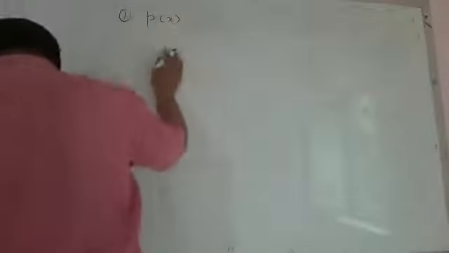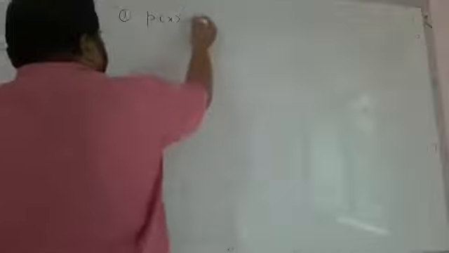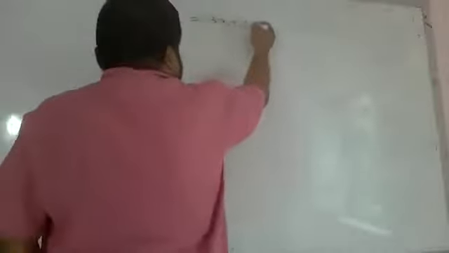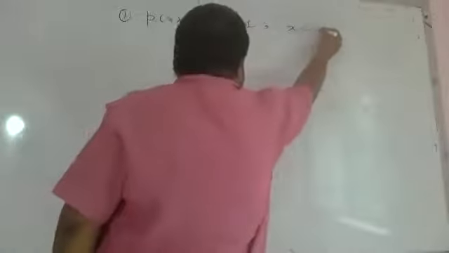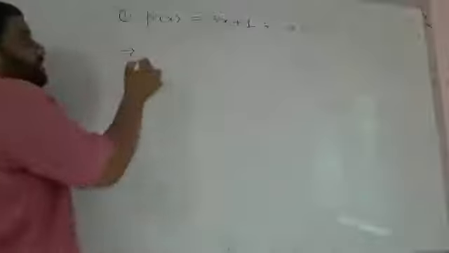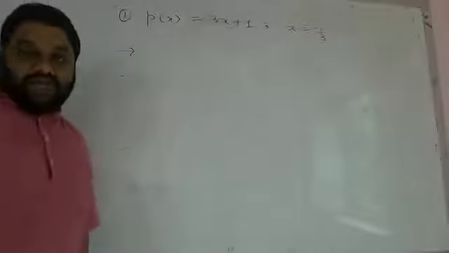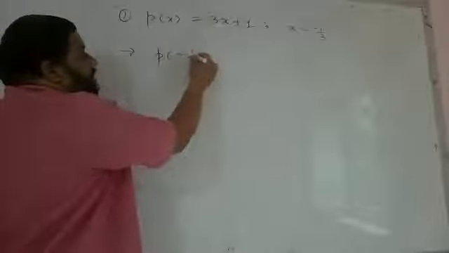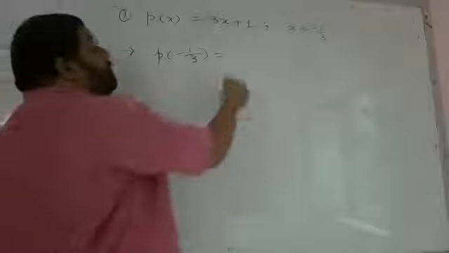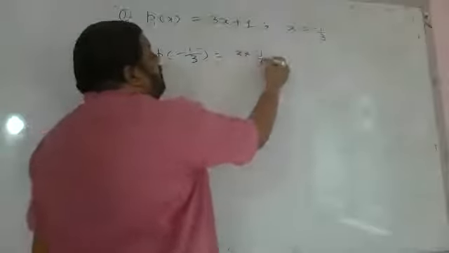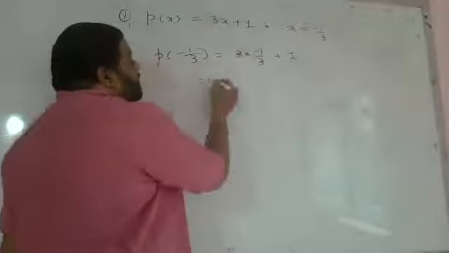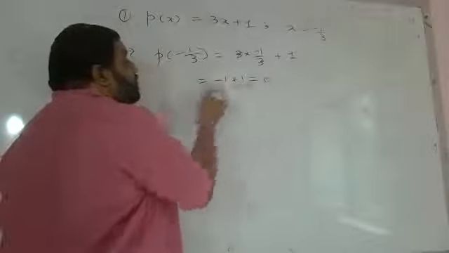The first one: p of x is given as 3x plus 1 and x is given as minus 1 by 3. What you need to check is whether p of minus 1 by 3 is 0 or not. So p of minus 1 by 3 is equal to 3 into minus 1 by 3 plus 1, the 3s cancel, minus 1 plus 1, that is equal to 0.